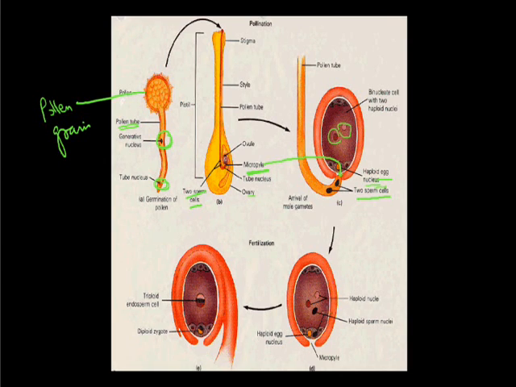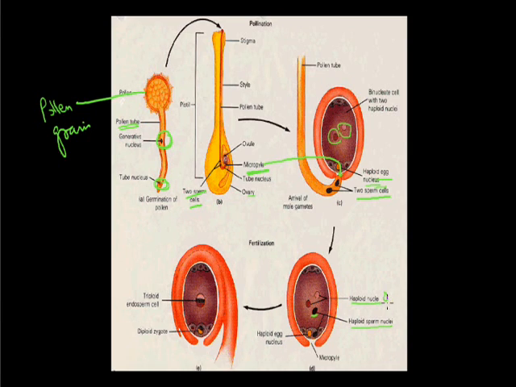Now the next diagram shows the further changes taking place during fertilization. This is the haploid egg nucleus, and this dark one is known as the haploid sperm nucleus.